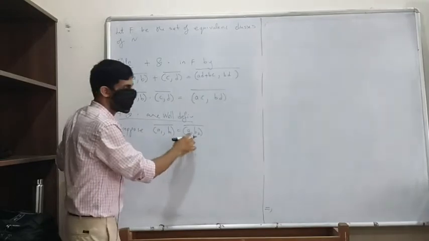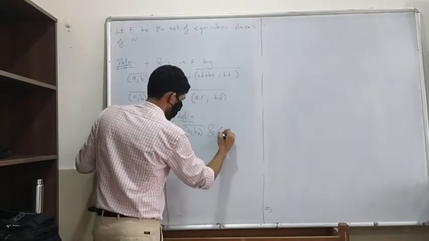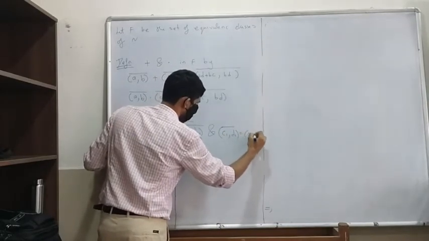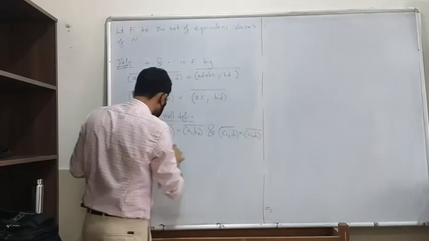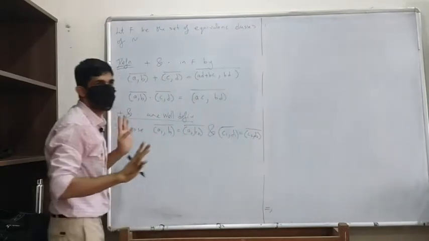That's what it means in terms of equivalence. And (C1, D1) bar equals (C2, D2) bar. I would need to show that the sum of these two is equal to the sum of these two.